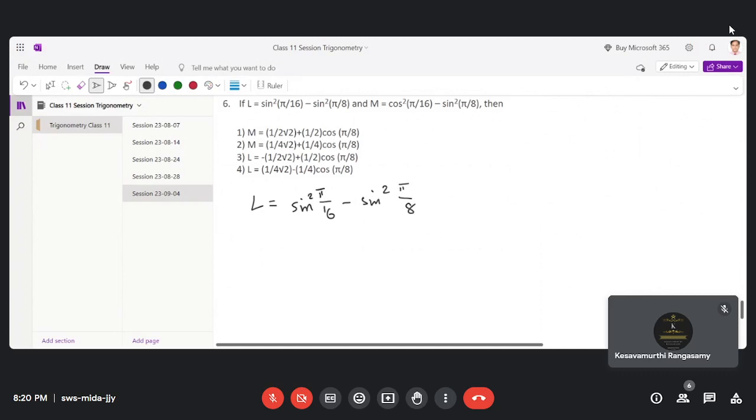Think about it. How can we eliminate this pi by 16 component?